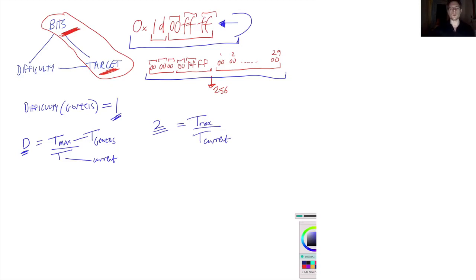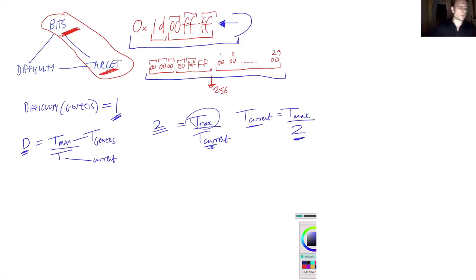Which effectively means that the current target is half. Let's write it out. So T current equals T max divided by 2, right? In other words, the actual hash number that we have to produce a block hash less than or equal to is half what it was set to right at the beginning in the Genesis block.